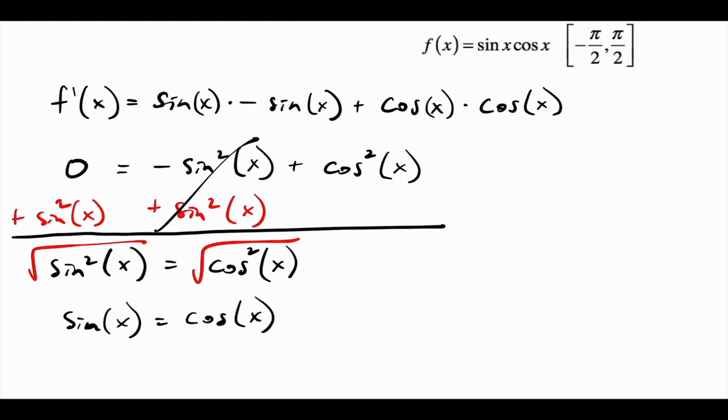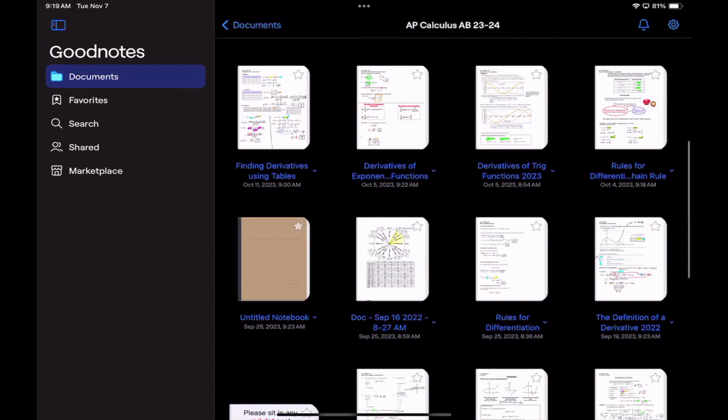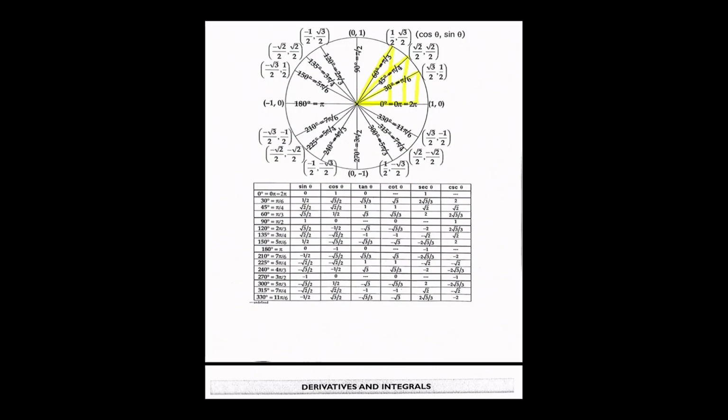So what I need to find is where within this interval are sine and cosine exactly the same? So I go to my tables.